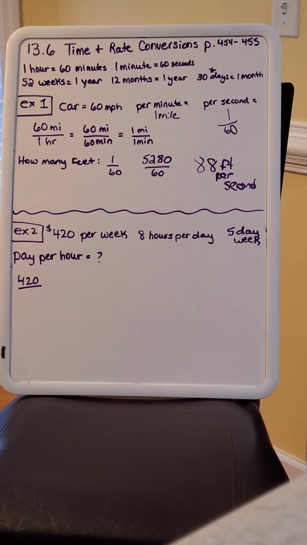Example 2 is a very practical problem. If you make $420 per week, how much are you making per hour? So they're basing this on 8 hours per day and a 5-day work week. So this one is actually going to be pretty easy. So if you make $420 per week, if you divide by your hours for a week, then that will tell you.